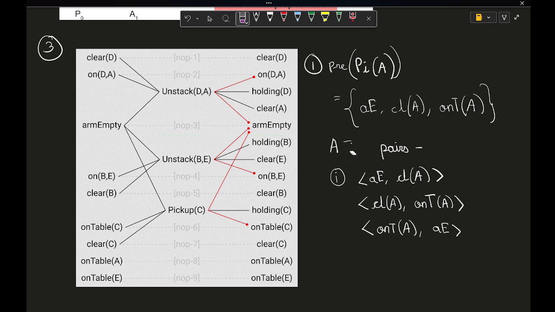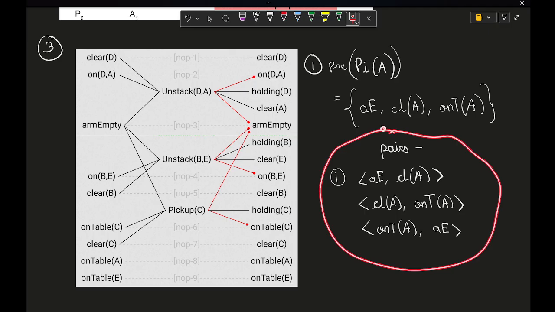So these are not action pairs, we just have pairs. Okay, so is arm empty and clear A mutex? Arm empty and clear A, I believe so. Wait, what was discussed about this in that TA session Bhaskar sir took on Sunday?